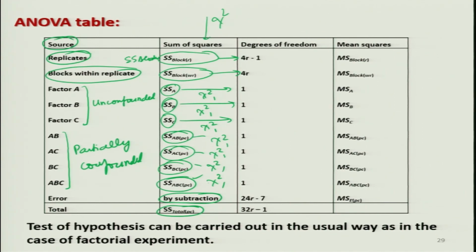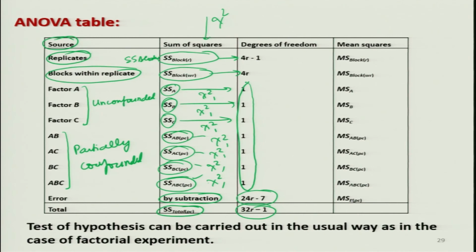The degrees of freedom for the sum of square due to total is 32r minus 1, and by subtraction the degrees of freedom for the rest, the sum of square due to error, is 24r minus 7. Obviously each of the sums of squares due to A, B, C, AB, AC, BC, ABC carries only 1 degree of freedom.